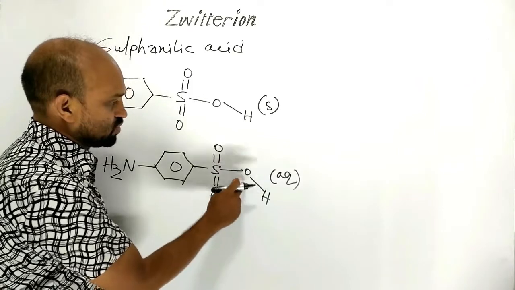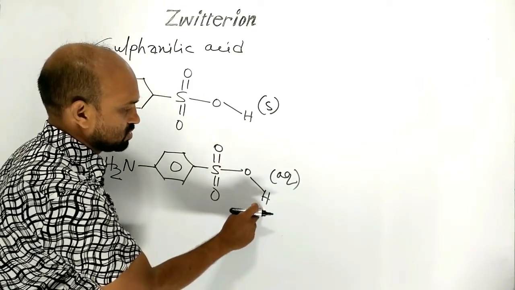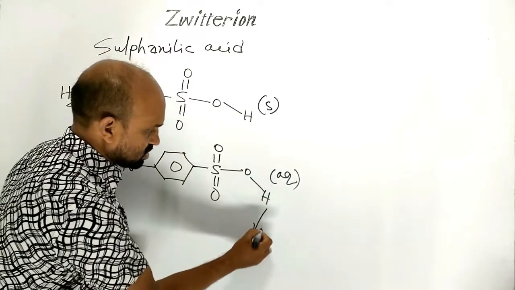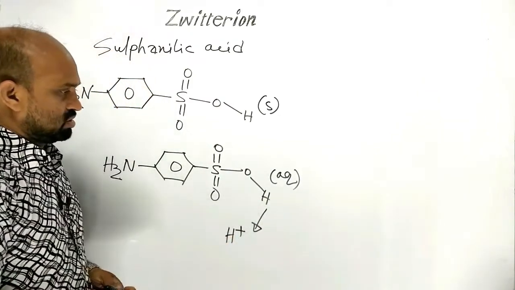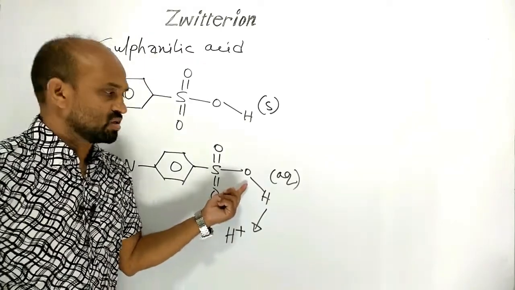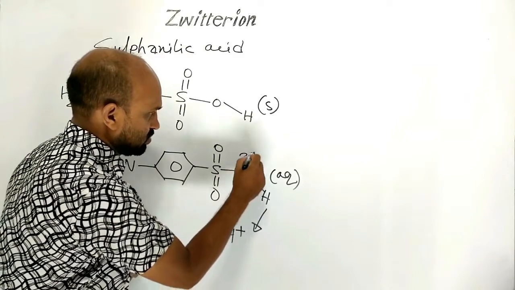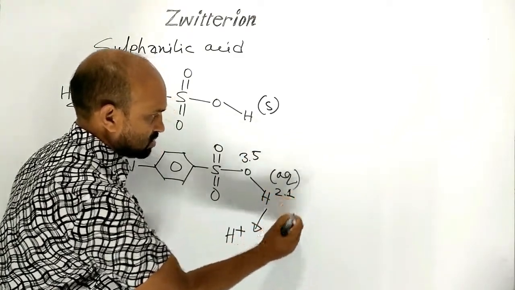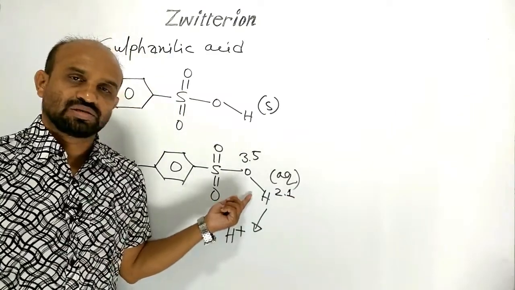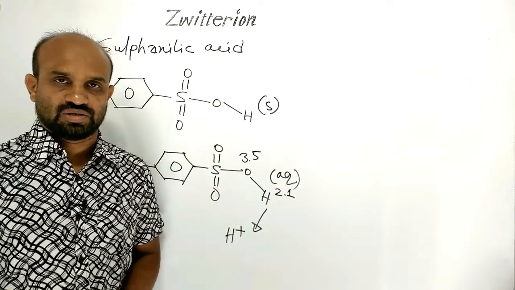From this group, especially from the OH group, this hydrogen is freed as a proton, because here the electronegativity of oxygen is 3.5 and hydrogen is 2.1. This is quite a high difference in electronegativity.